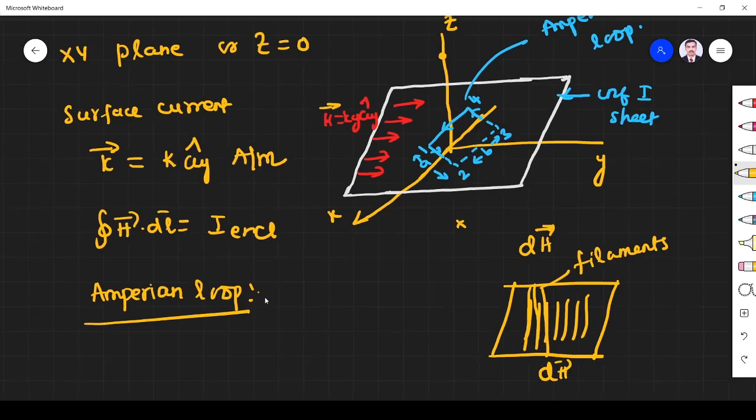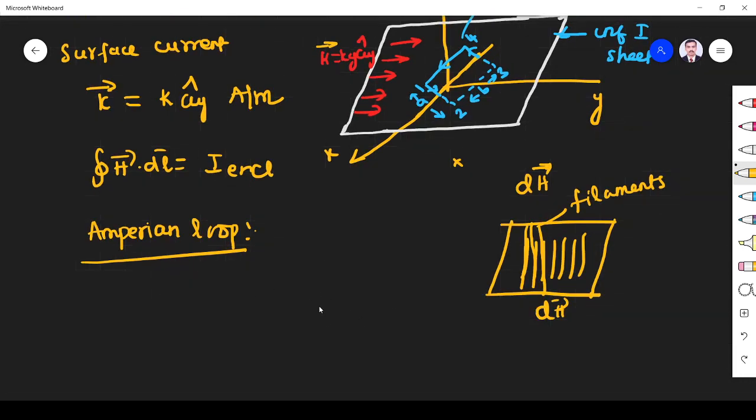With this assumption, what type of Amperian loop do we have to choose? The sheet contains filaments. I want to find the magnetic field produced by an individual filament and then the collective magnetic field. Which shape is symmetric with respect to this filament? A rectangle.